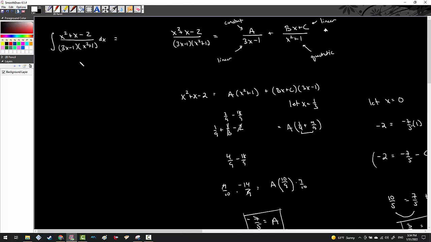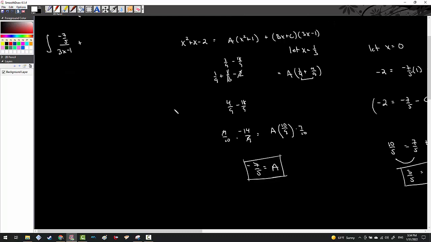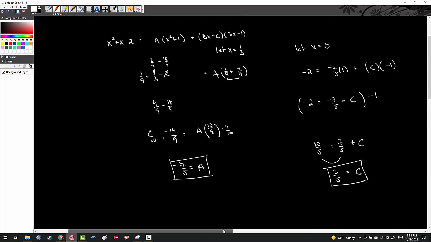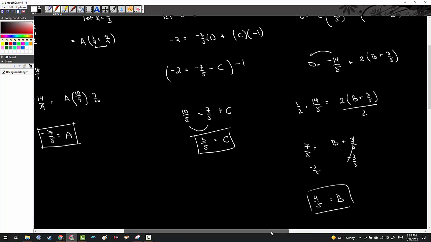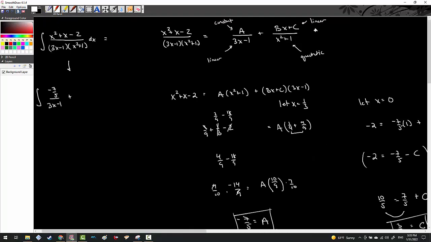The integral of this is really the integral of, looks like -7/5 over 3x minus 1, and then that's going to be plus bx plus c. So that's going to be 4/5 x plus 3/5, 4/5 x plus 3/5 over x squared plus 1 dx.